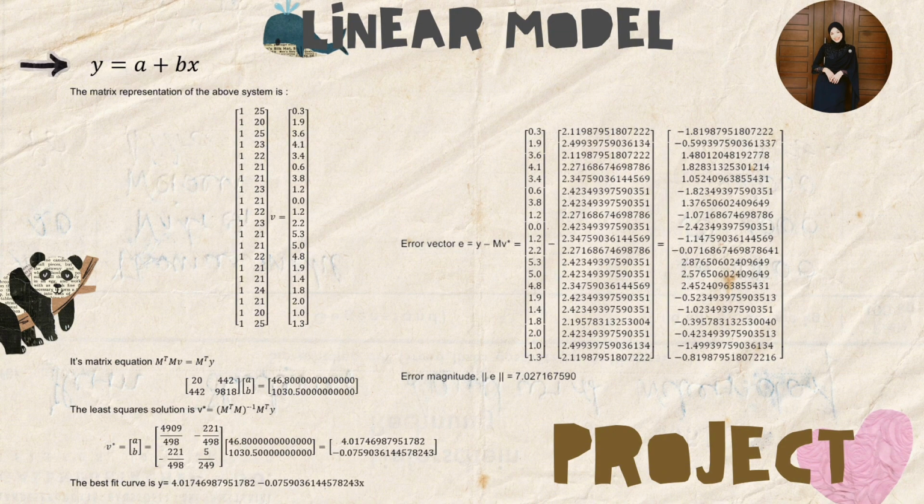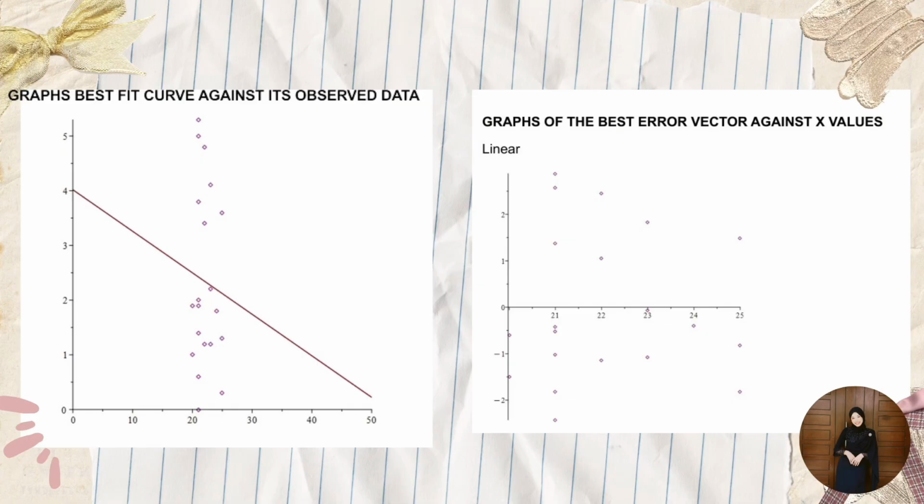Furthermore, to find the error vector, we use the y minus Mv formula, and the norm of e we get is 7.027167590.